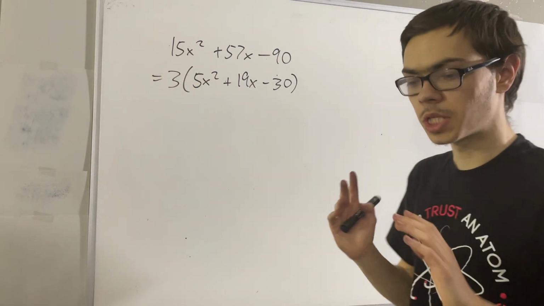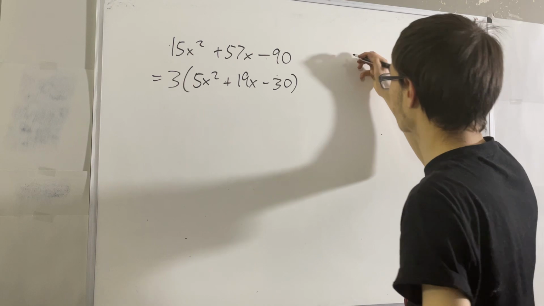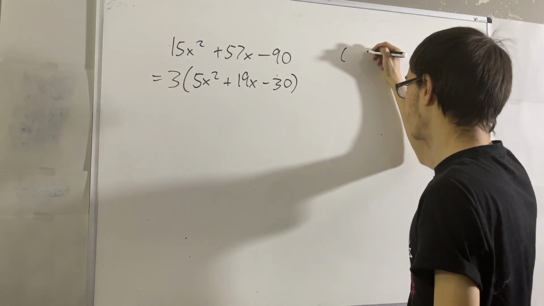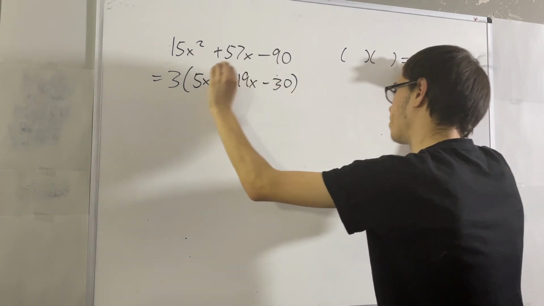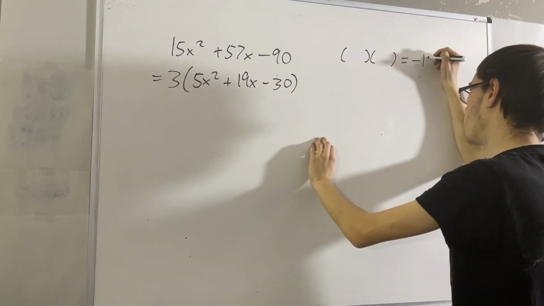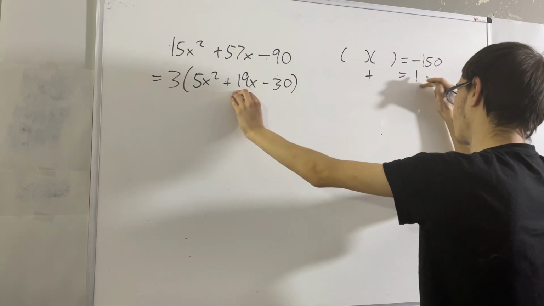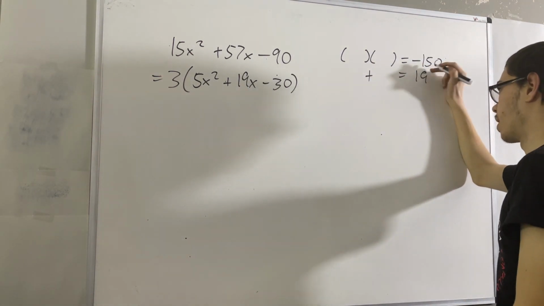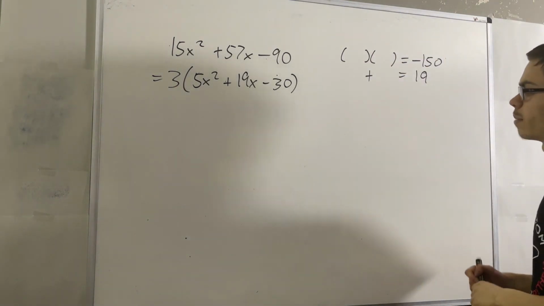So now we have to resort to the method that we used in the previous problem, which is, we're thinking of two numbers that multiply to make negative 30 times 5, which is negative 150, and at the same time add to make 19. So there's a little bit more going on with this one than the previous ones. Larger numbers. So it's a good thing we've practiced smaller problems to work our way up to this larger problem.